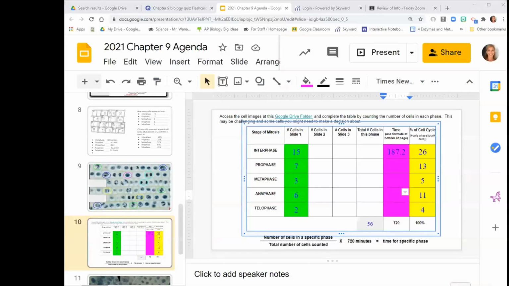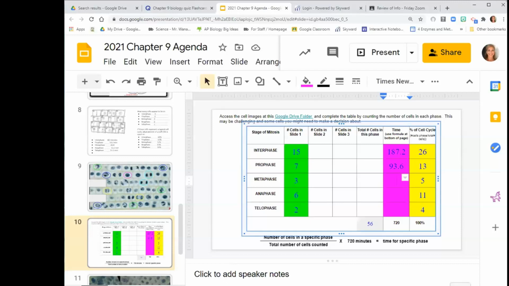You can keep one decimal if you want, or you can round it off to the nearest whole number. I have 13% times 720, 0.13 times 720. Did you get 93.6? I just hopped in on some of the student work and I didn't see that number, so I wanted to double check.